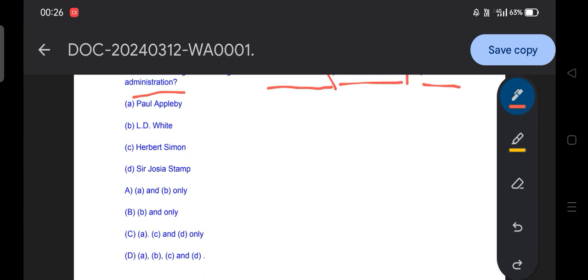So let's see. Option A, Paul Appleby. Option B, L.D. White. Option C, Herbert Simon. Option D, Sir Josiah Stamp. Then choose the correct answer: option A, A and B only; option B, B and C only; option C, A, C, D only; option D, A, B, C, D.